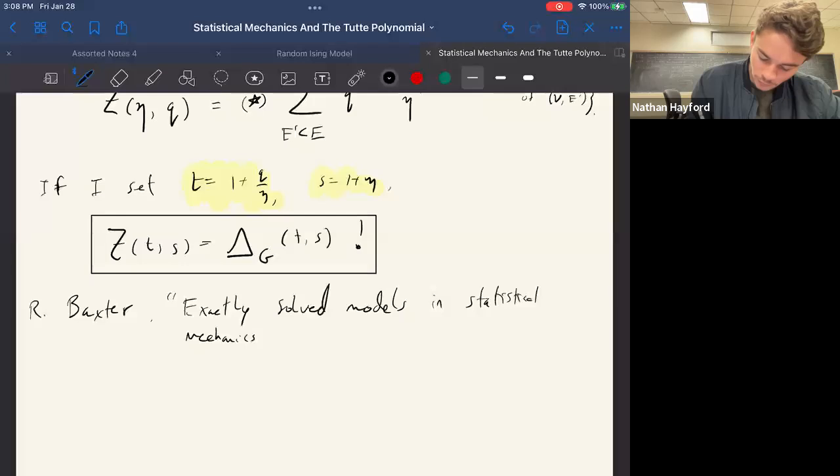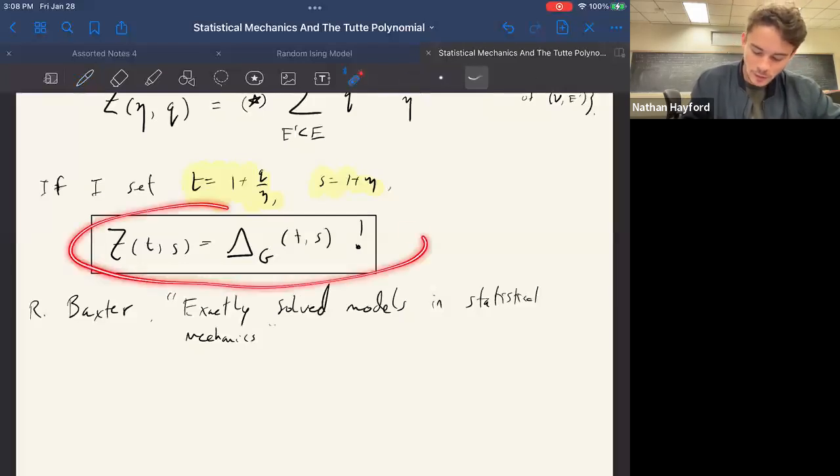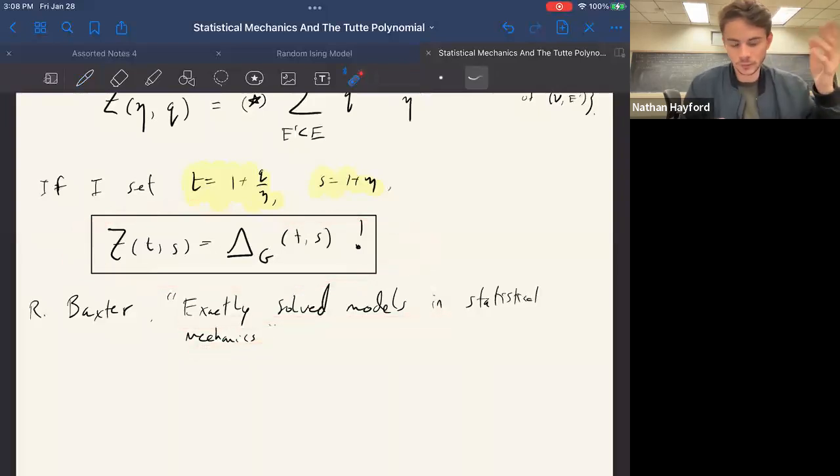Most of the models he talks about in there are two-dimensional. One example that is not is this one. There is a reason for that, which is a lot deeper and not exactly connected to what I talked about. But it gives a bunch of examples of formulas like this.